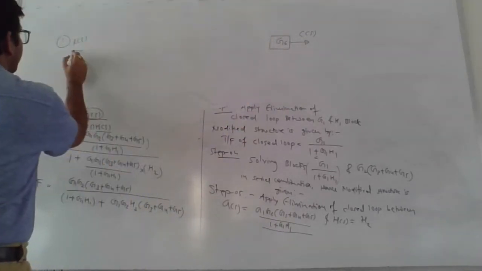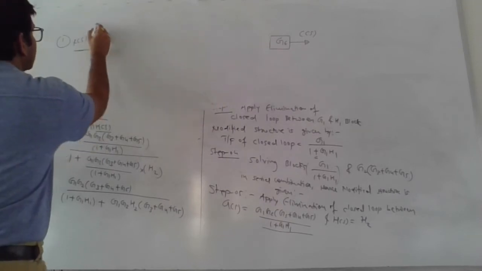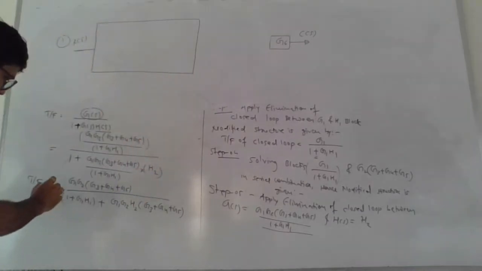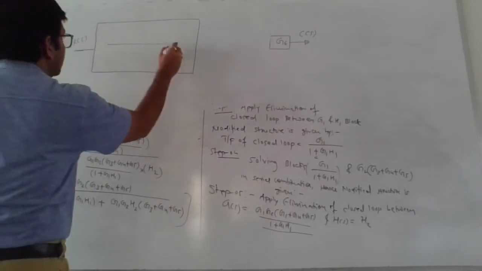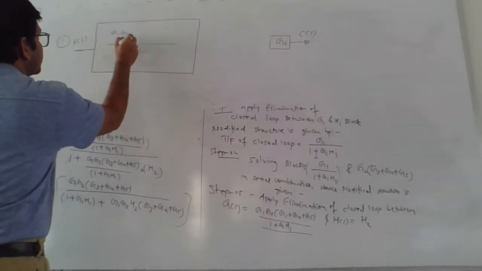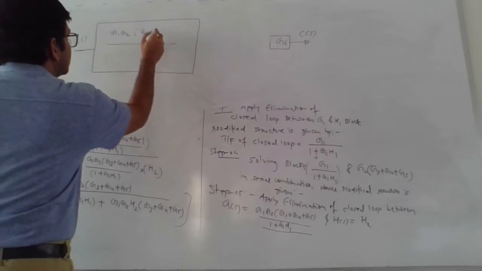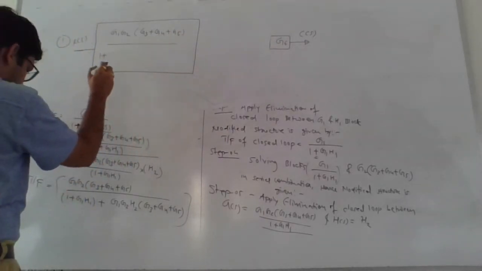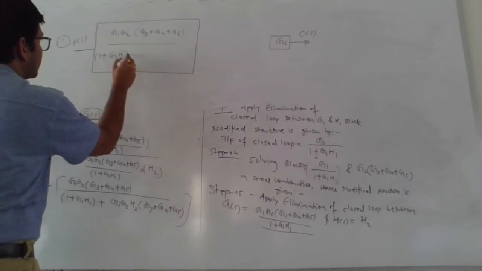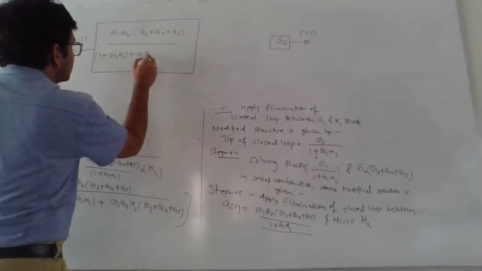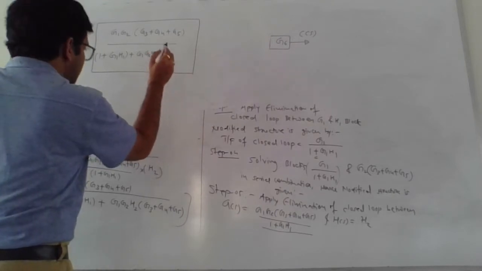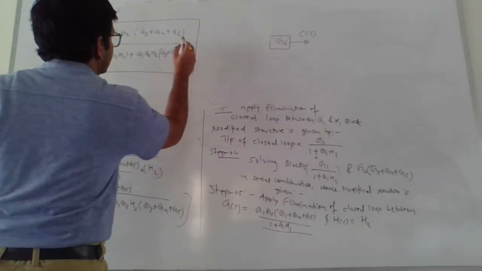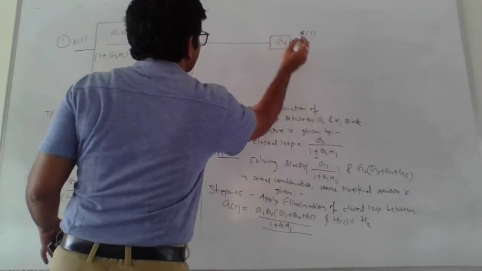So here now we have a block which we have replaced by a closed loop system, and the gain inside this block is nothing but this entire term, which is G1 into G2 in bracket G3 plus G4 plus G5 whole divided by 1 plus G1 into H1, and then plus G1 G2 H2 in bracket G3 plus G4 plus G5, and this is going to be connected to this block.